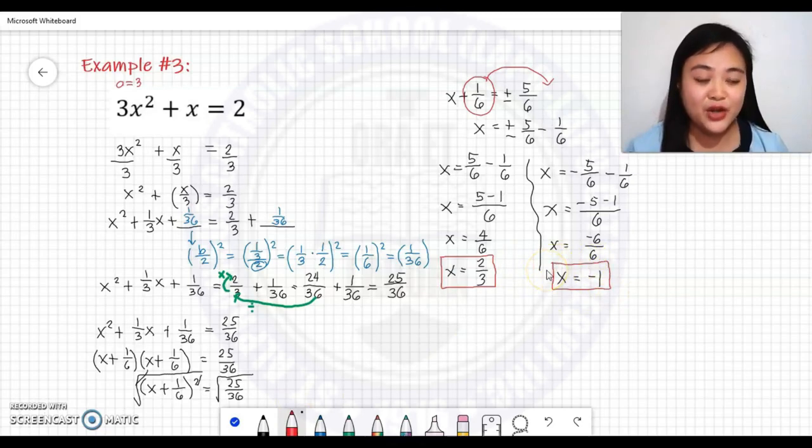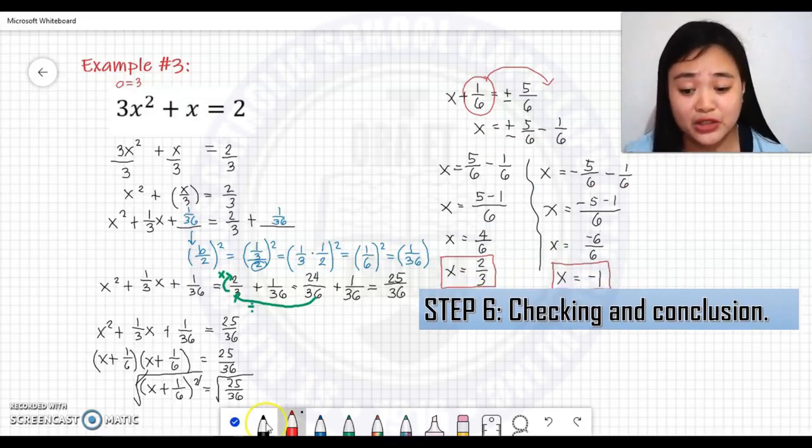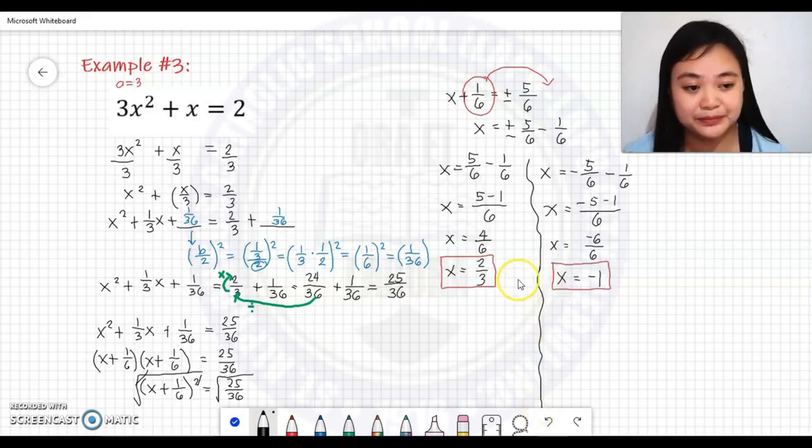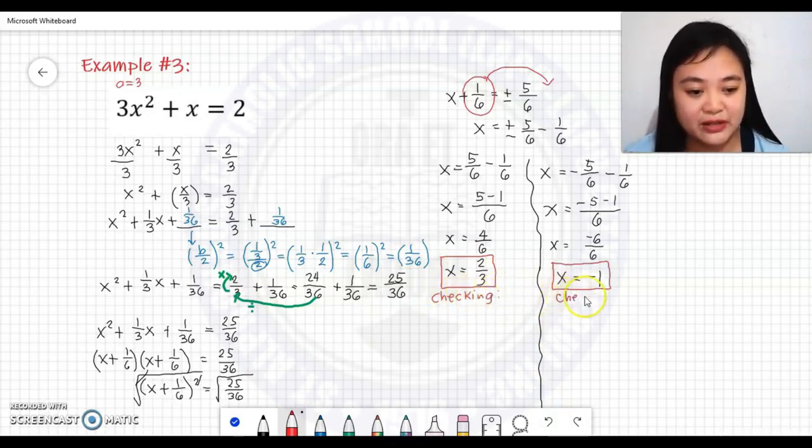And as I've said, we should not be confident in our answers. We always need to do the checking. So we will do the checking. Checking on the first and checking on the second value.